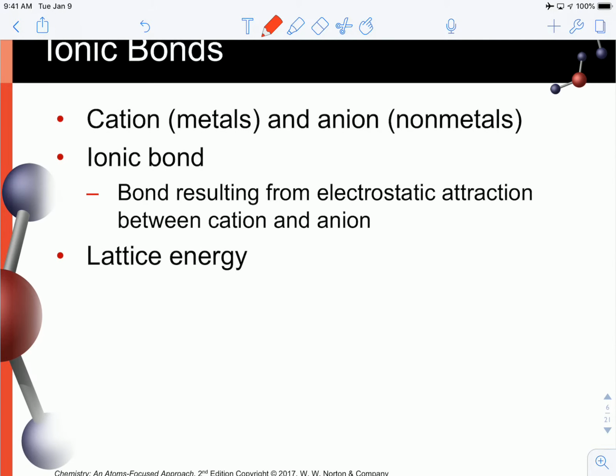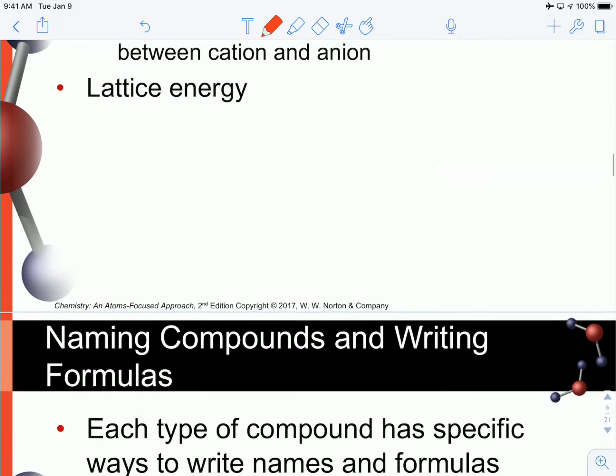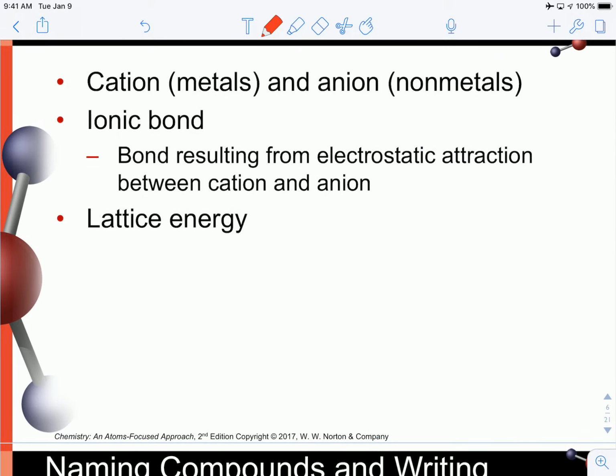And that lattice energy is kind of the total energy that comes from that combining of charges within that structure. And you'll see in class there'll actually be an equation which we can describe this lattice energy.